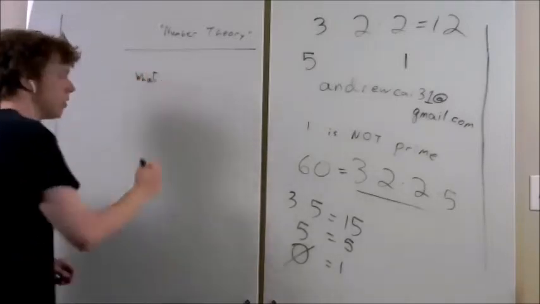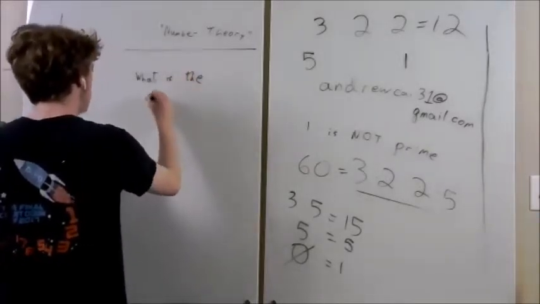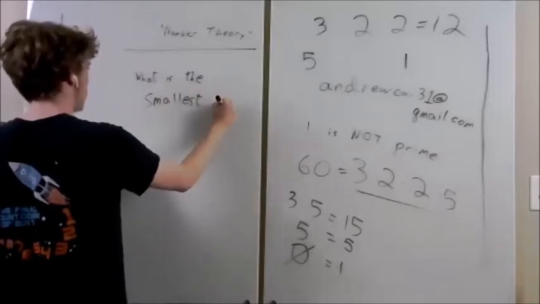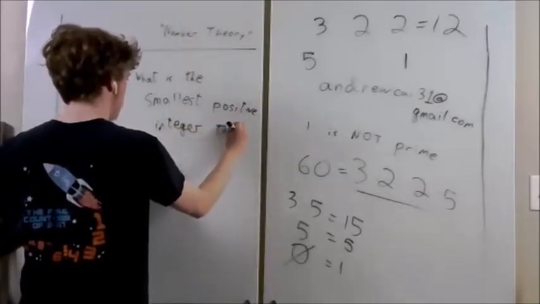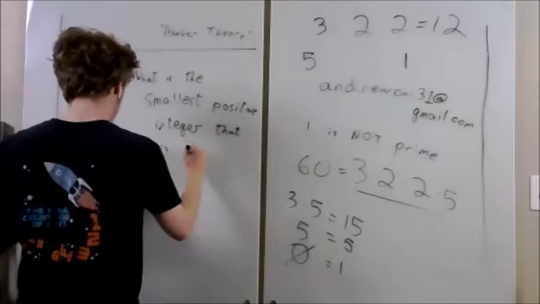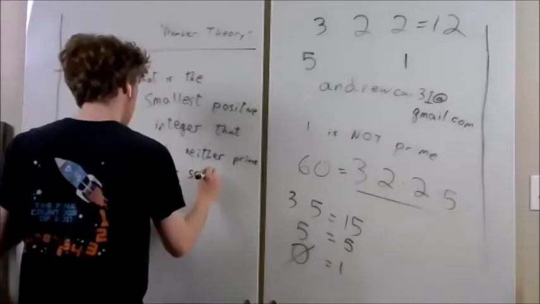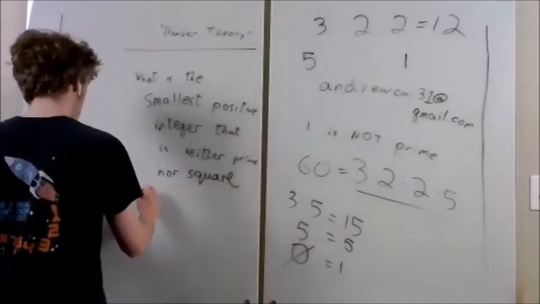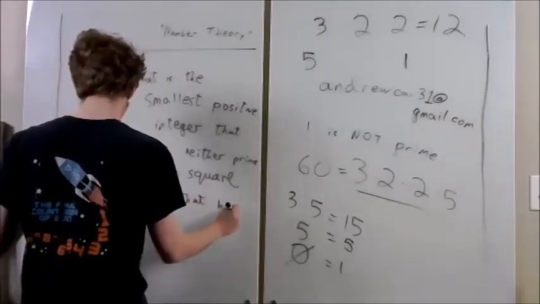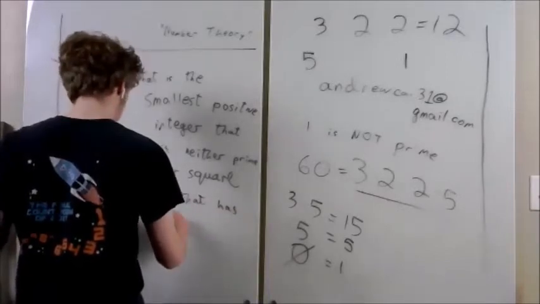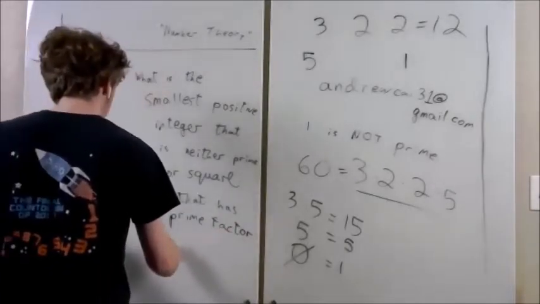What is the smallest positive integer that is neither prime nor square, and that has no prime factor less than 50?